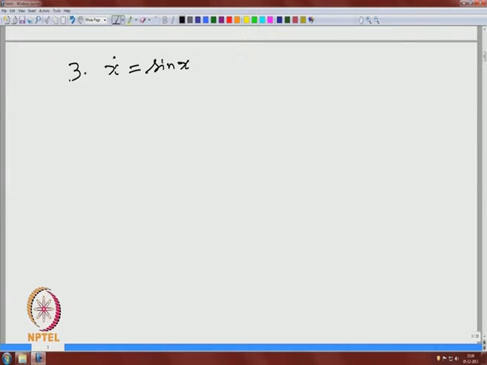So, here n pi, n equal to 0, plus or minus 1, are equilibrium points, and we saw the nature of orbits changes with n being odd or even.